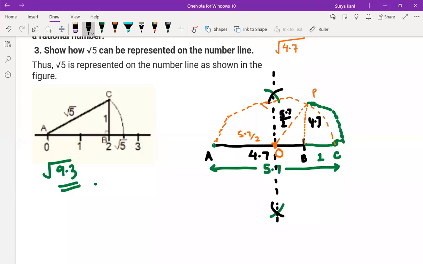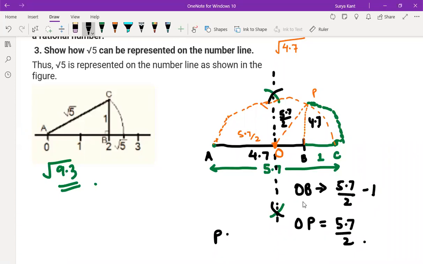So OB, O to B, is 5.7 by 2 minus 1, and OP is 5.7 by 2. Is it clear? After solving this part, you will get PB equal to root of 4.7.